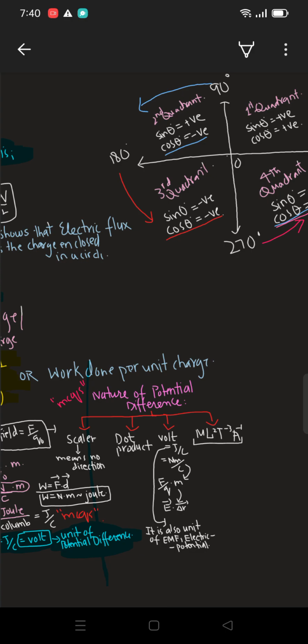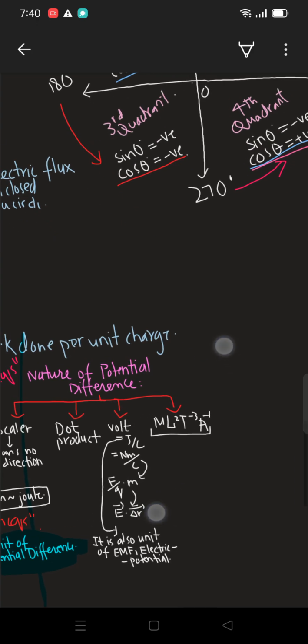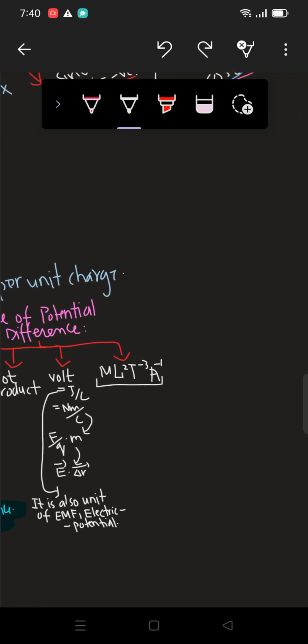Initially, that it was a scalar quantity; secondly, it was a dot product; thirdly, it has a unit of volt, and volt is also a unit of EMF, electromotive force, electric potential, and of course the SI unit of potential difference. Lastly, I told you about the dimension that was equal to ML2 T minus 3 A minus 1. As you can see here, let me highlight this, ML2 T minus 3 A minus 1.